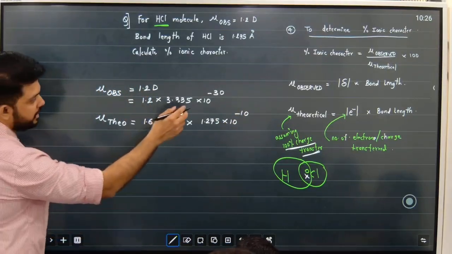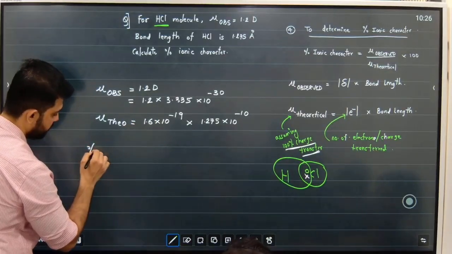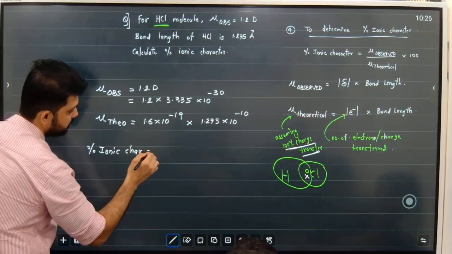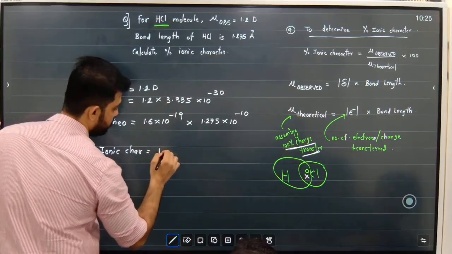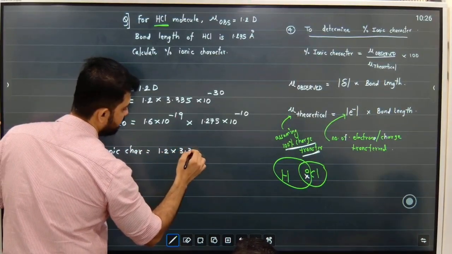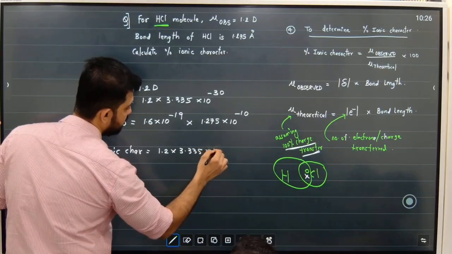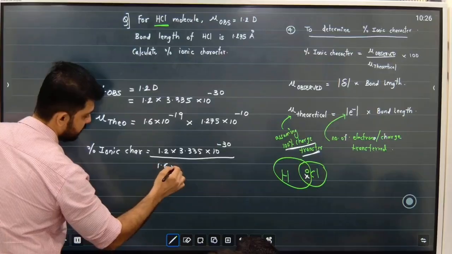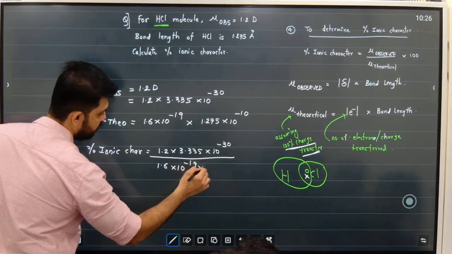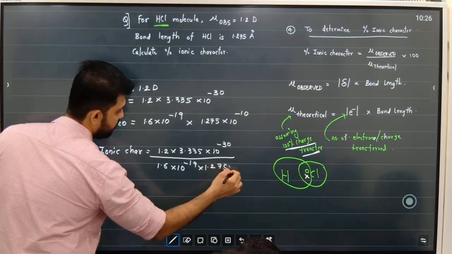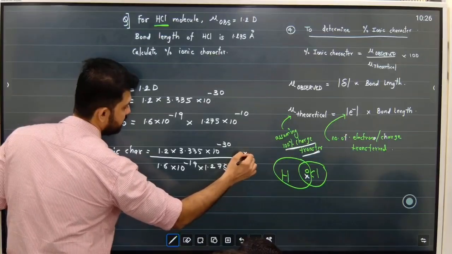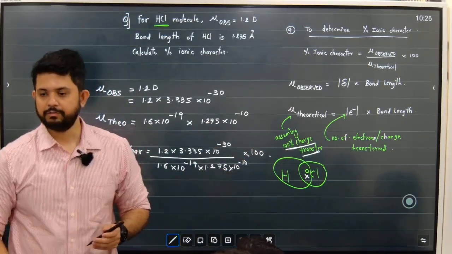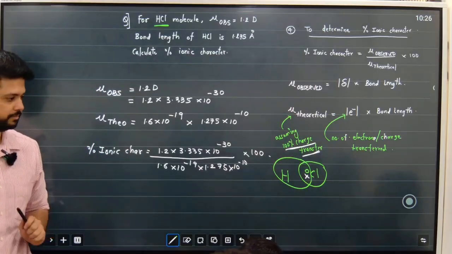And now we can easily calculate percentage ionic character, which will be 1.2 into 3.335 into 10 raised to minus 30 over 1.6 into 10 raised to minus 19 into 1.275 into 10 raised to minus 10 times 100. Solving this will give you the percentage ionic character.